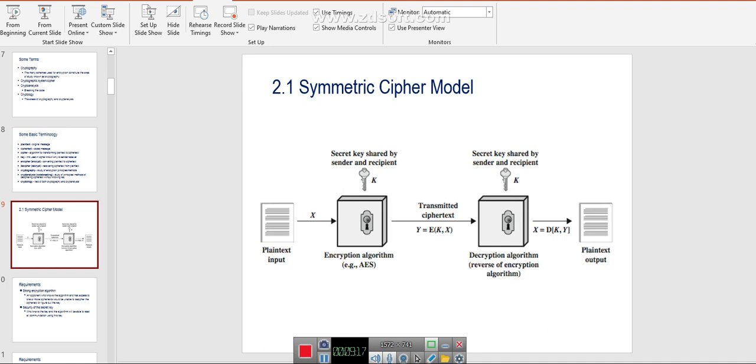The moment the ciphertext undergoes the process of decryption, we obtain the plain text, which is our output. So basically, the symmetric cipher model makes use of keys that are shared and known by the sender and the recipient.